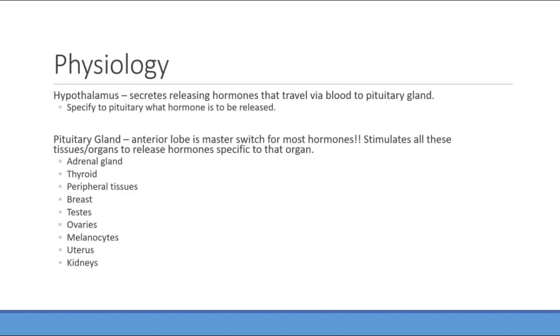And I certainly don't expect for this particular topic for you to know all of the various hormones that are controlled by the pituitary gland, but I do expect you to remember that the pituitary gland is the master switch, the master control.